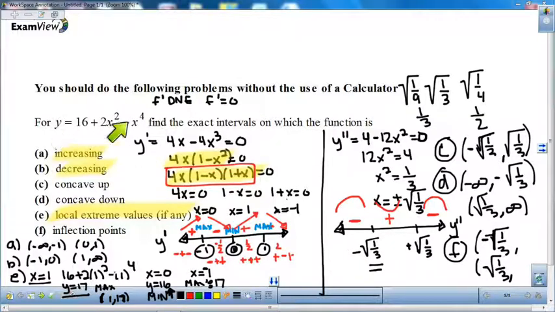When we substitute that, we're going to get 149 over 9 for both points. So remember, if it asks what the inflection points are, you need to give the coordinate. If it just asks what are the x coordinates, you just need to give the x coordinate and not find the y value.